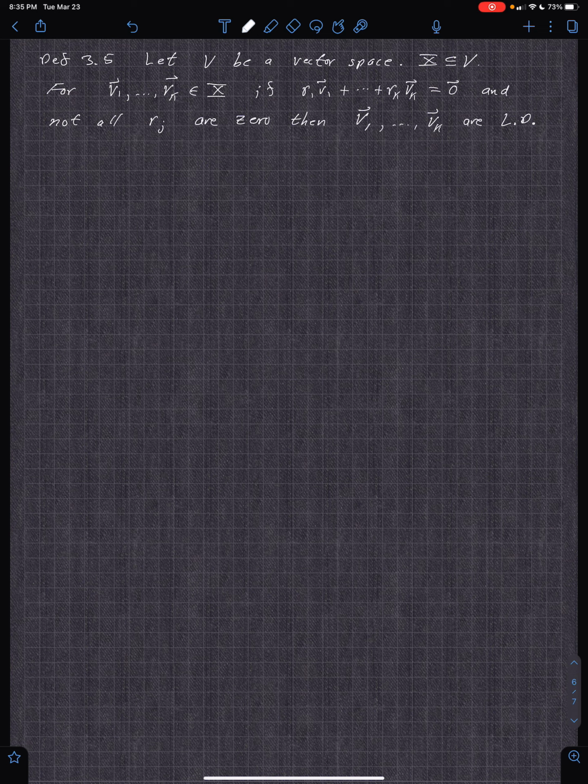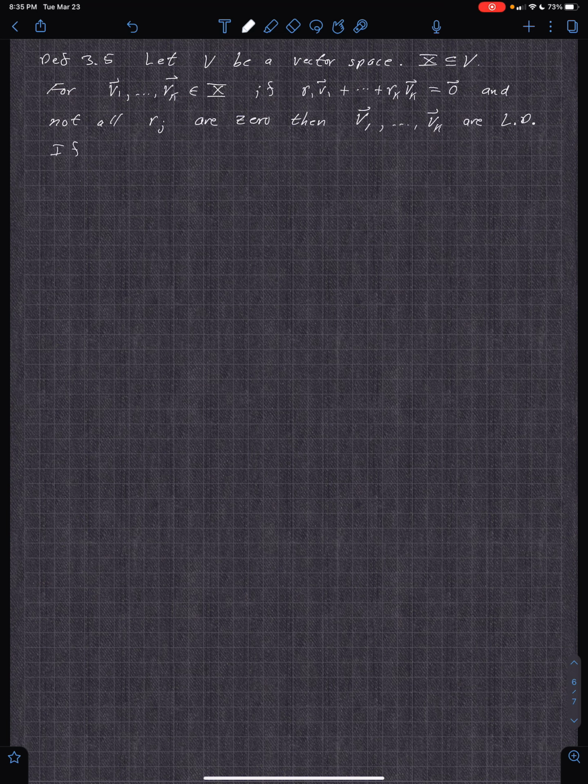So if the only way the sum is 0 is if all r's are 0, then the vectors are linearly independent. So I'd like to write that one down too.